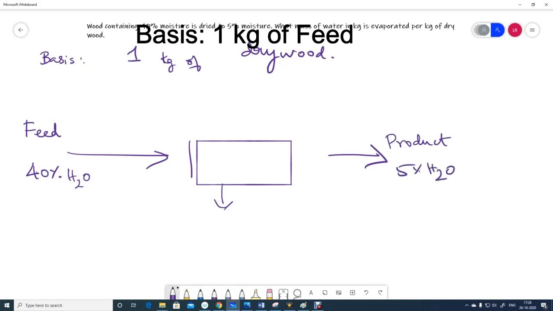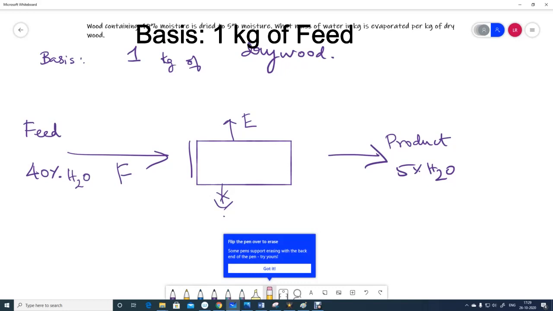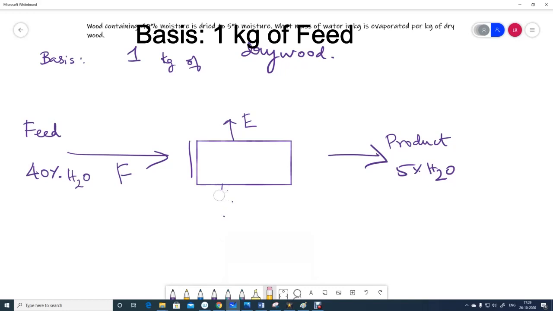So if 1 kg of feed is considered, let F kg be the feed, let E kg be the water evaporated, and let P be the product in kg which comes out. We have 40% water here.